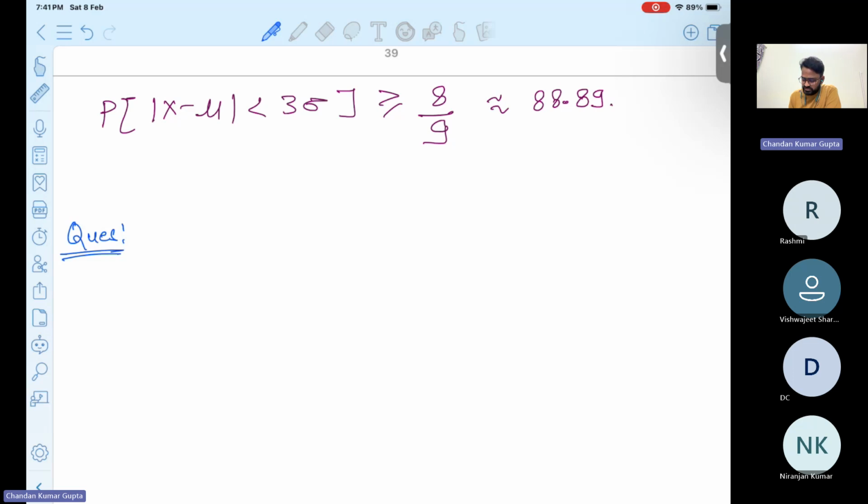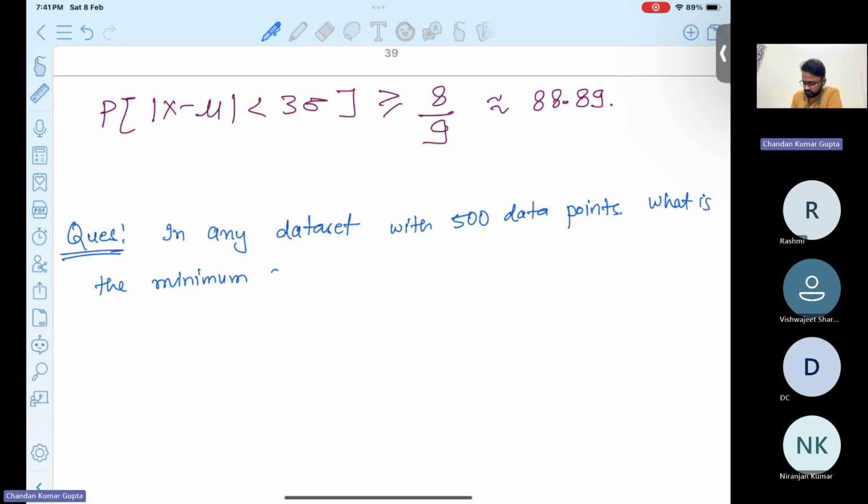In any data set with 500 data points, what is the minimum number that must lie within 5 standard deviations?